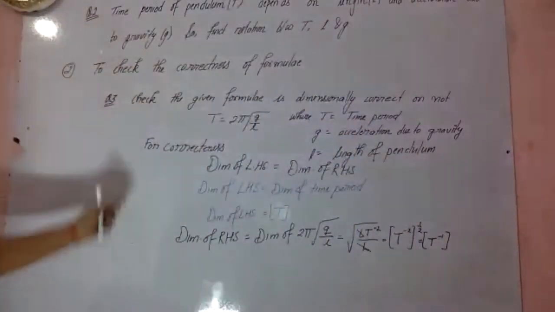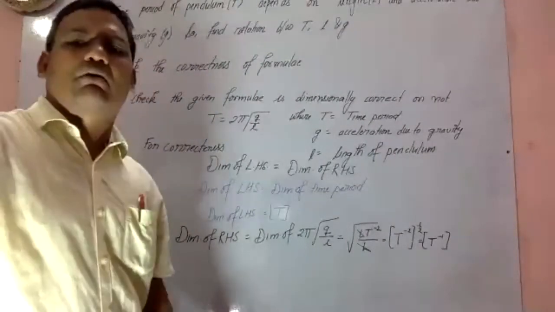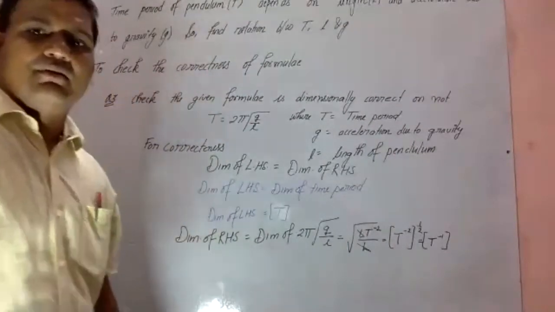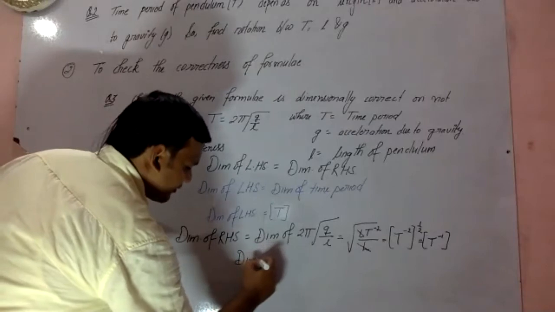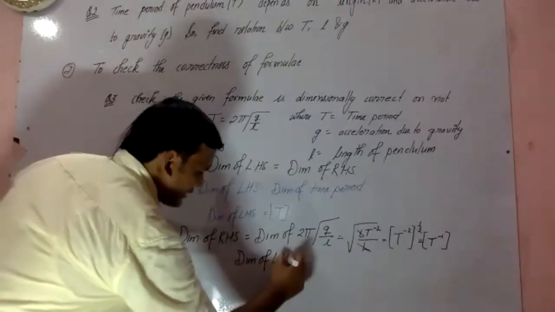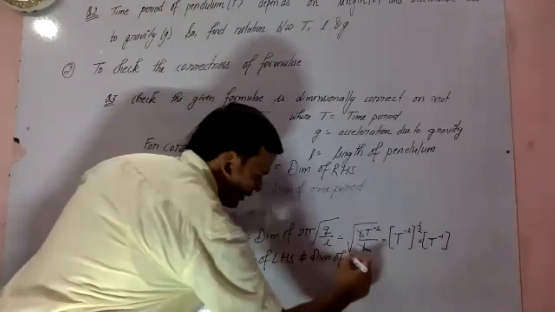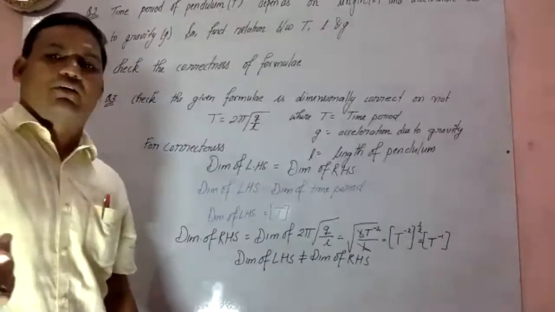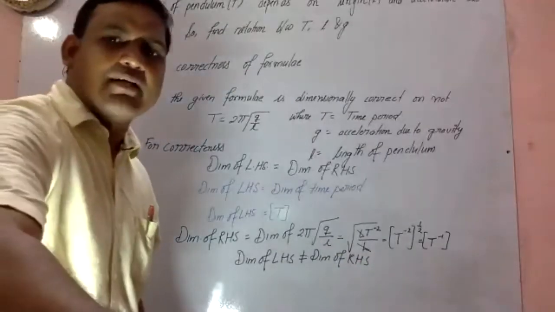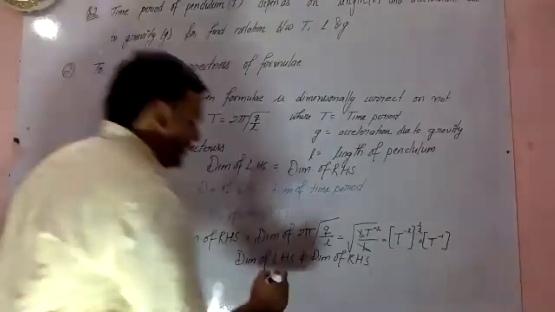So from here you can say the dimension of LHS is not equal to the dimension of RHS. Yes, from here you can say the dimension of LHS does not equal the dimension of RHS. Hence the formula is dimensionally incorrect. You need to write this sentence. Hence the formula is dimensionally incorrect.